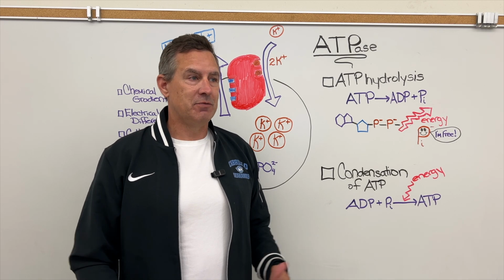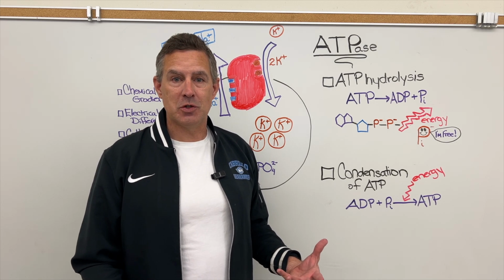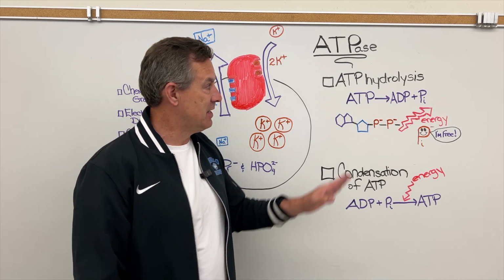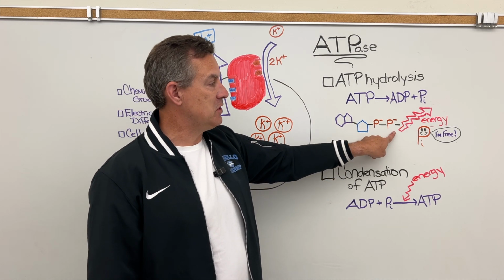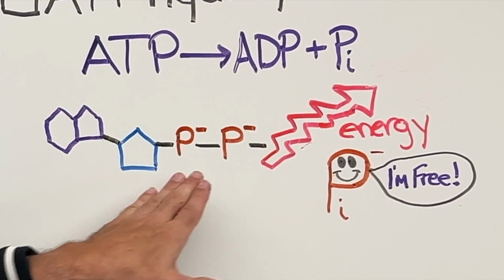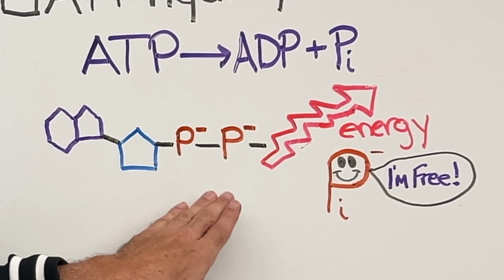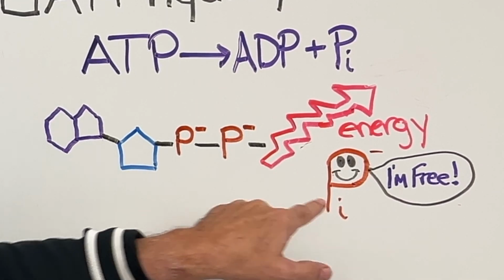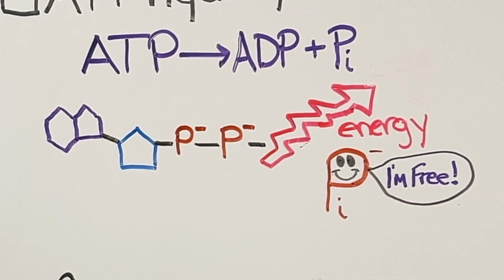That in and of itself doesn't really do anything for the cells unless we mention and stress that the breaking of this bond is going to release energy. As we've talked about, these 3 phosphates, 1, 2, and there's the third one down here, are all negatively charged. They don't want to be around each other.